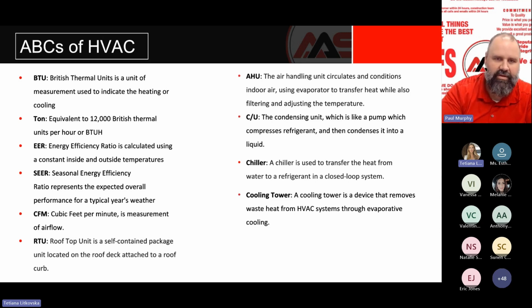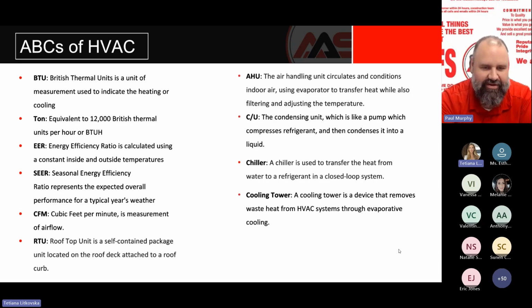Okay, so here are the ABCs of HVAC. This is the terminology that we have. It can be kind of complex, but I want to break it down for you, and we'll go over a few of these. British Thermal Unit, BTU, is the measurement of the heating or cooling capacity of equipment. Ton or tonnage is equivalent to 12,000 BTUs. I get this question often: is tonnage the weight of the equipment? Why is it called a ton?